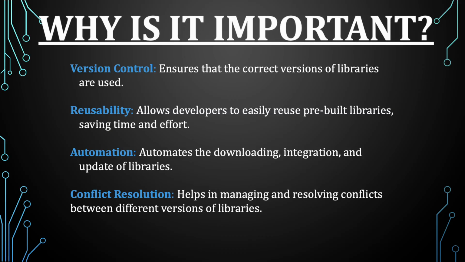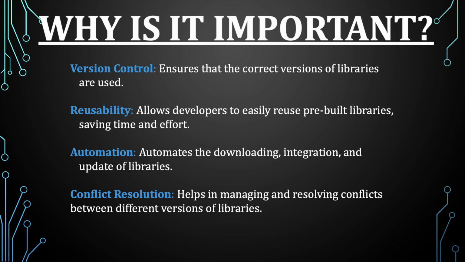So, why is dependency management important? There are many reasons, but let's discuss a few. First, it ensures stability and compatibility with version control and conflict resolution. By explicitly managing dependencies and their versions, you can ensure that your project behaves the same way across different environments.